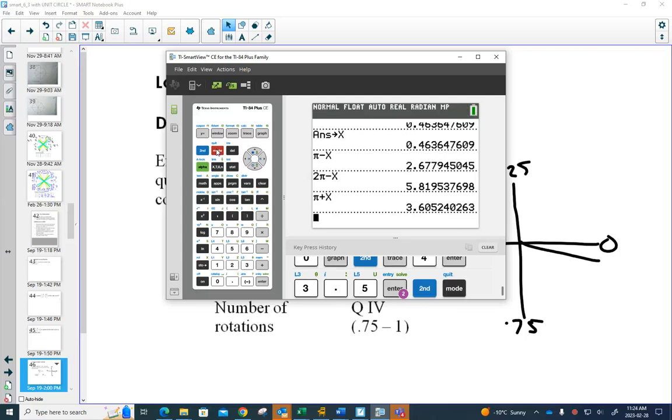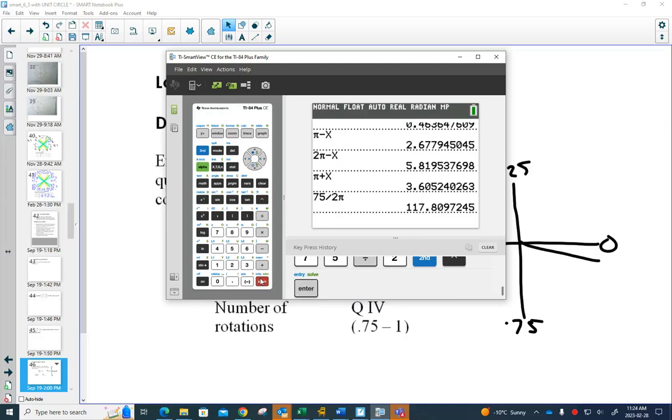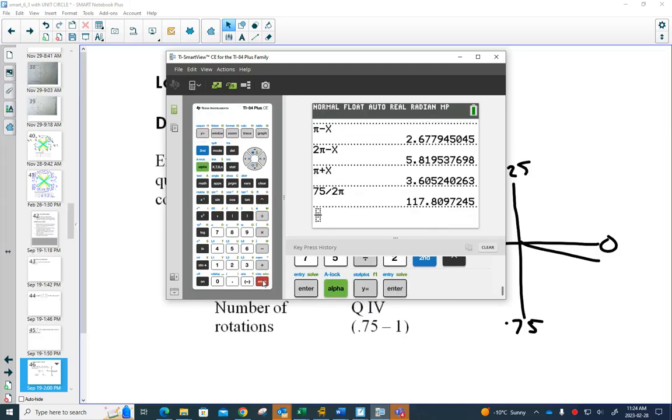I'm going to do it in 2 different ways. I'm going to do it this way, and find my pi button. If you have a graphing calculator, you should check if you have the ability to write fractions. You can push your alpha F1 or alpha Y= and see if a menu comes up.